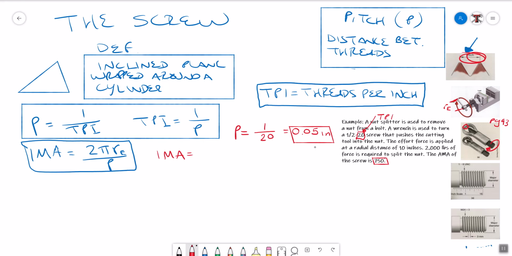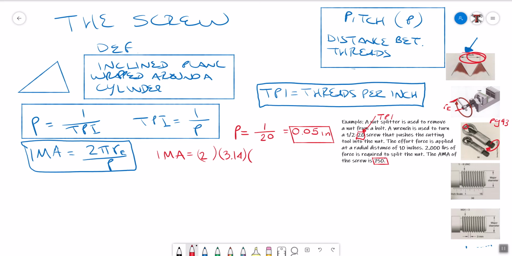All right, so IMA, we have the definition here, 2 pi r over P. So what is it that they give us? Well, 2 pi, let's go ahead and do 2 times 3.14. And this here tells us that the force is applied at a radial distance of 10 inches. There's a good picture on page 93.